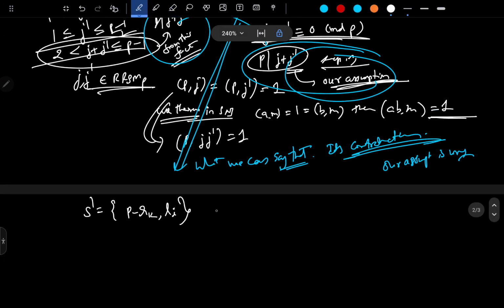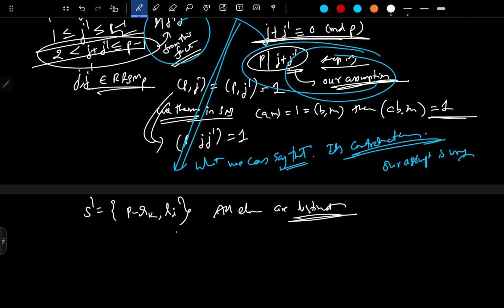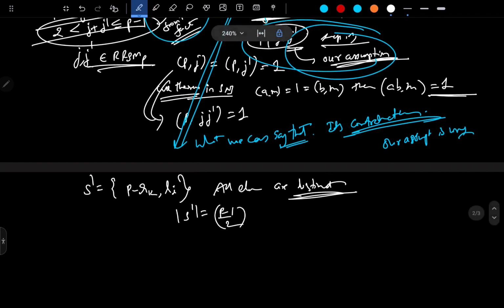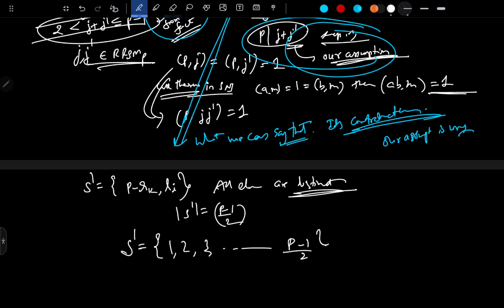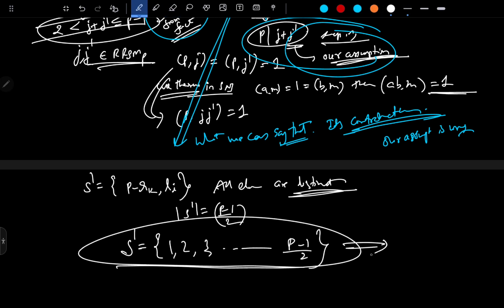Now I am saying that all the elements are distinct and mod S dash equals P minus 1 by 2. Since all elements are distinct, can I say that S dash will look like this? Yes, this is what exactly I want to prove.